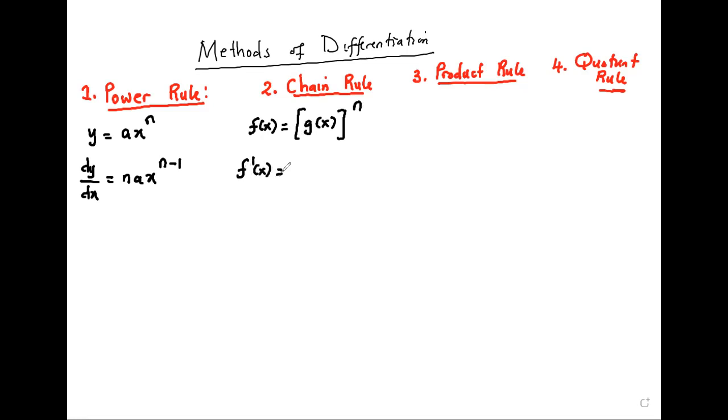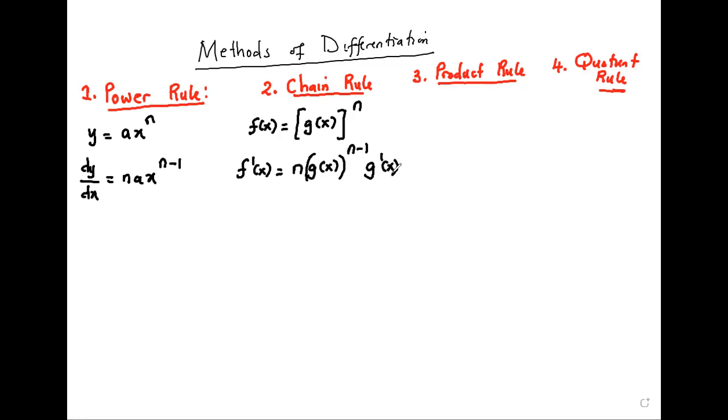You multiply n by g of x in bracket, from the power you subtract the 1, then come back and differentiate g. You see? You first attack the power, drop it down, subtract the 1, and then differentiate the other function. Right?